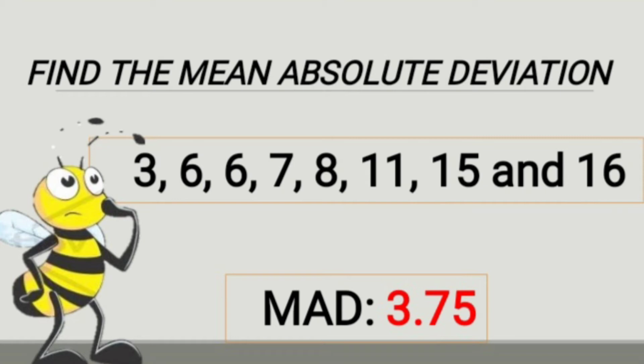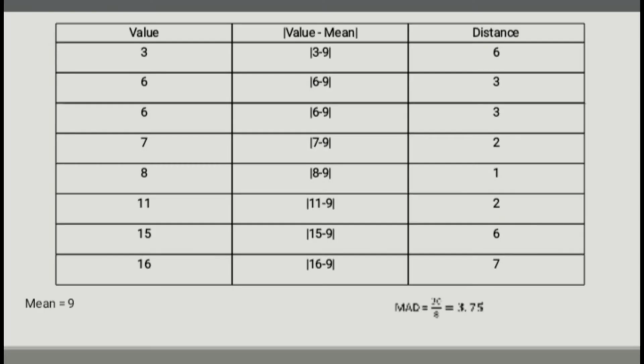You are going to follow the steps in finding the mean absolute deviation of the given data. We have here a table of the mean absolute deviation, and we have 3 columns. On the first column, we have the values. Second column is the value minus mean inside the absolute value, and the third column is the distance.